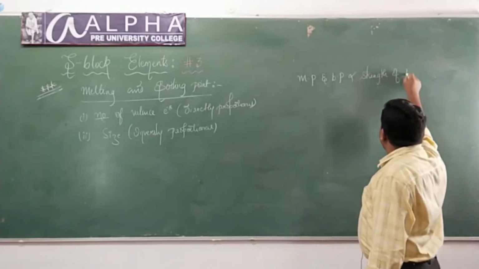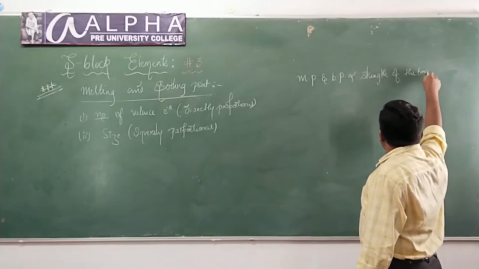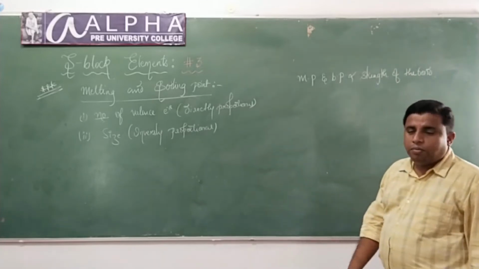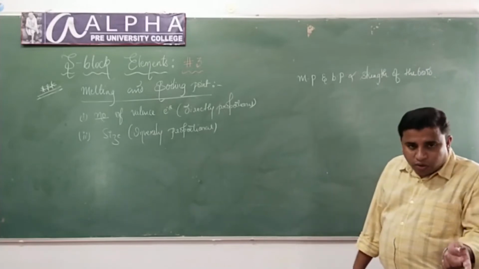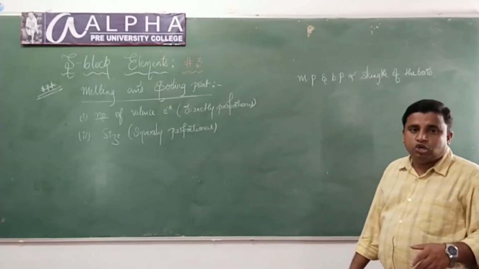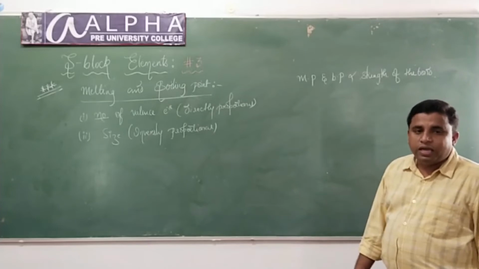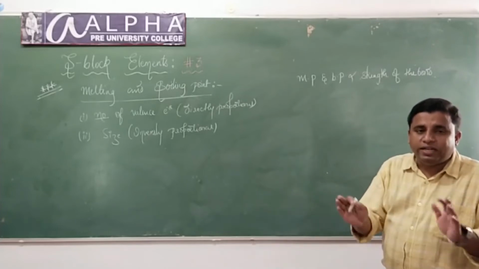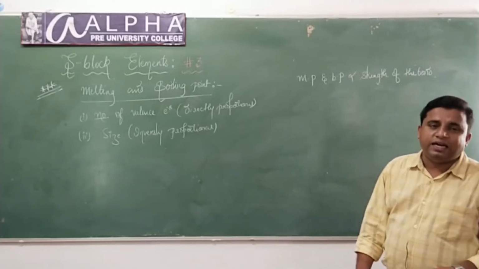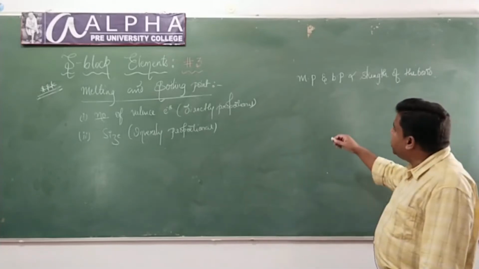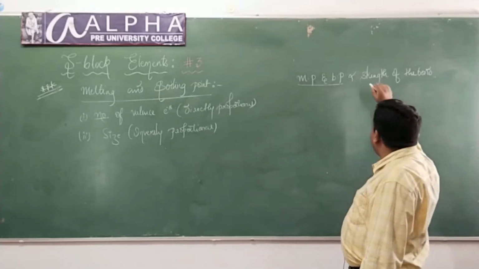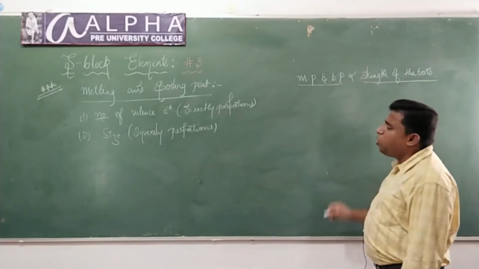The stronger the bond, the more heat you have to supply to melt a given compound. If the bond is weak, then you have to supply less energy to break the bond and melt the compound. Melting point and boiling point is directly proportional to the strength of the bond.